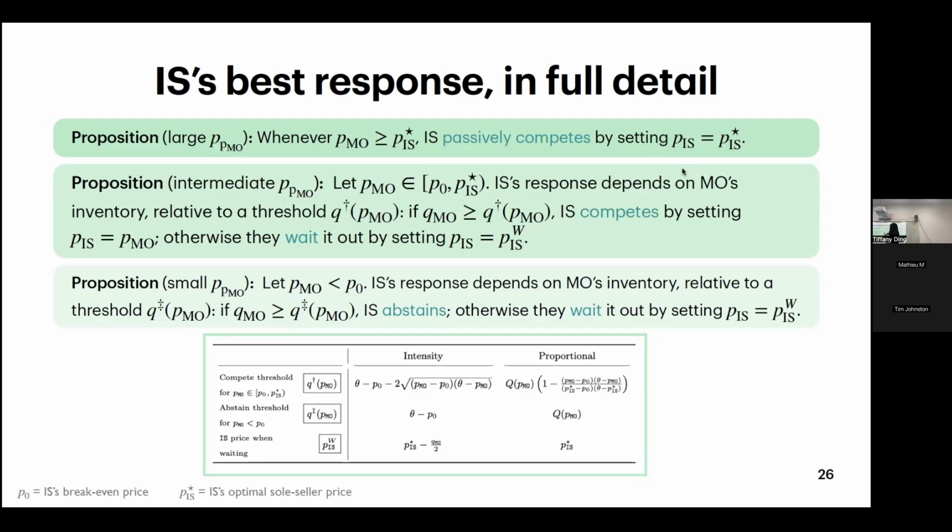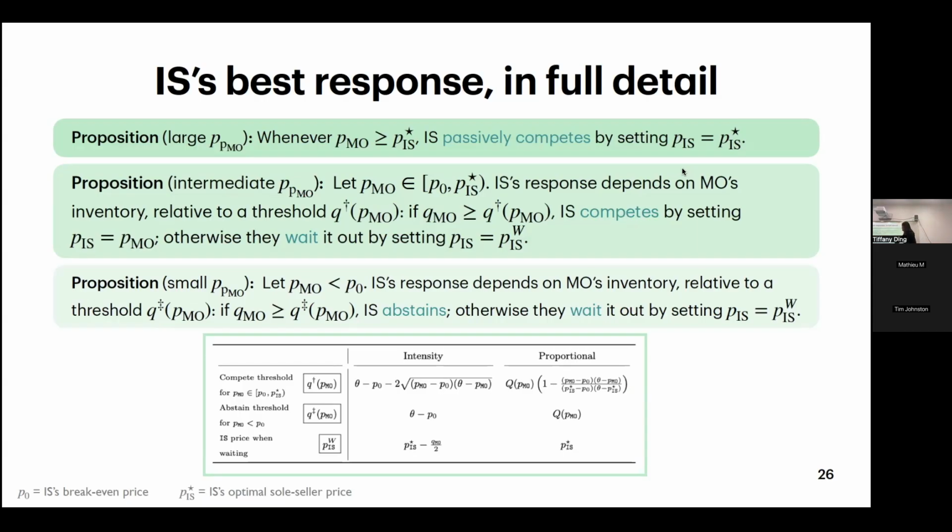The exact form of this function depends on the rationing rule, so I've written them out down here for intensity rationing and proportional rationing. Similarly, for the boundary between waiting and abstaining when the price is low, we have some function, double dagger, and that's written out there.